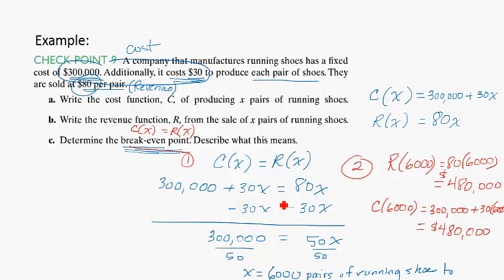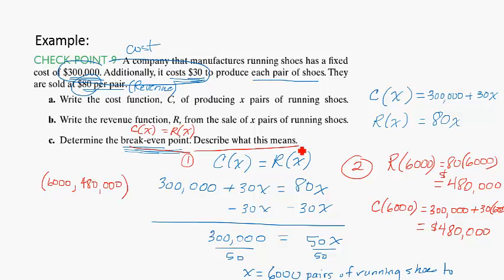Now, if I were to ask you here, how many shoes do I need to sell to make a profit? I would simply need to sell 6,001 shoes because that would give me more revenue than cost. Alright, so here 6,000 pairs, so my actual break-even point is when x is 6,000 and y is 480,000.